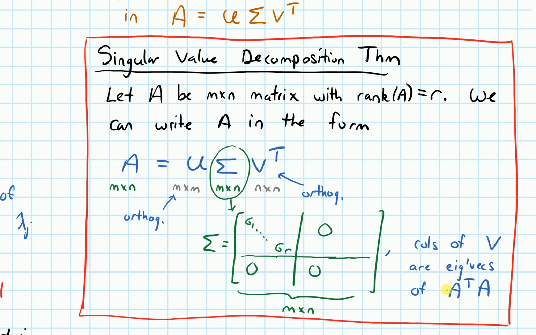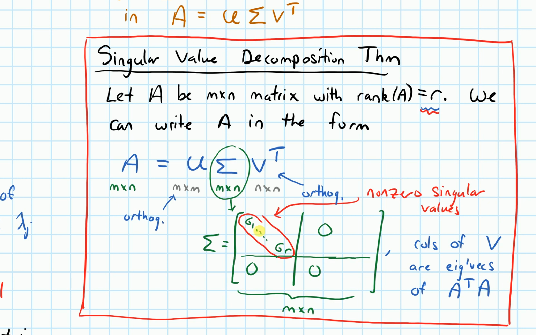They are eigenvectors of A transpose A. We've already said what sigma looks like. It's got the singular values. In this case, it's going to have r non-zero ones, because we're assuming the rank is r. So sigma_1 up to sigma_r, these are the non-zero singular values.